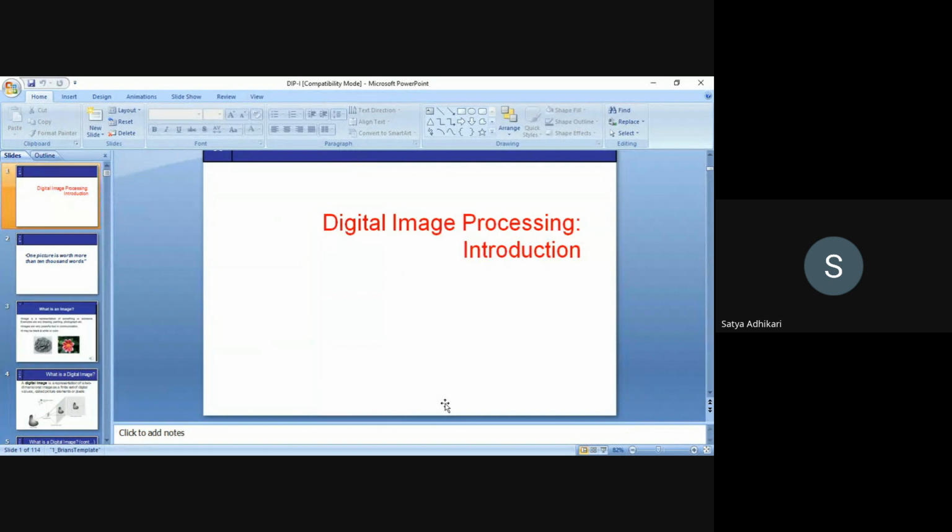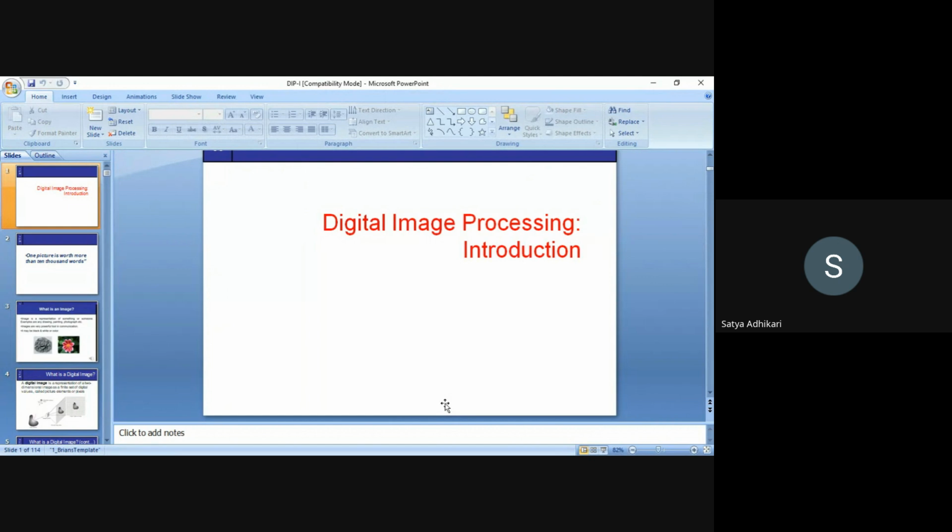Our topic is DIP, Digital Image Processing. In today's session, we'll discuss what is a digital image and why we need processing. What are the benefits we will get after the image is processed?